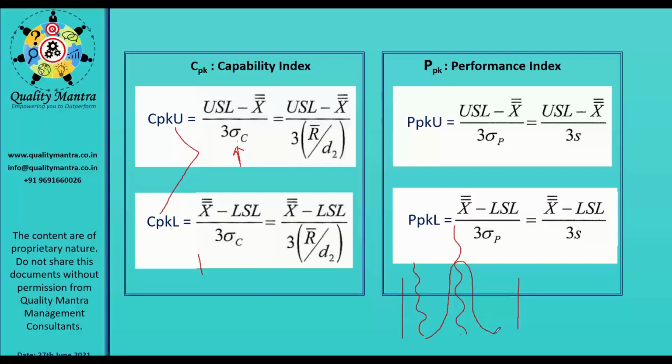Your capability index depends on two things: one is the average of the process, and the other is the standard deviation.